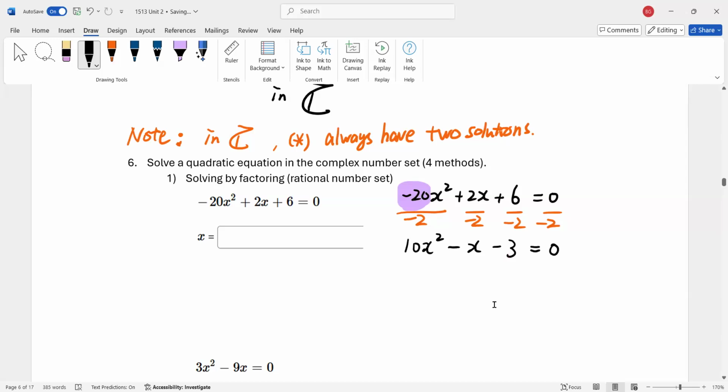Okay, and how are we going to solve this quadratic equation with leading coefficient different from 1?